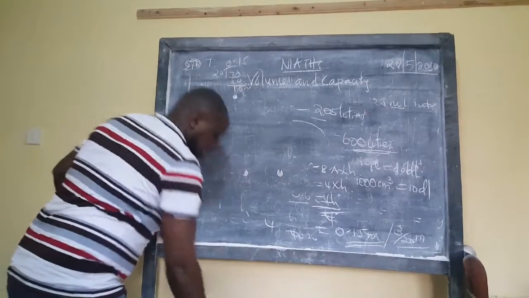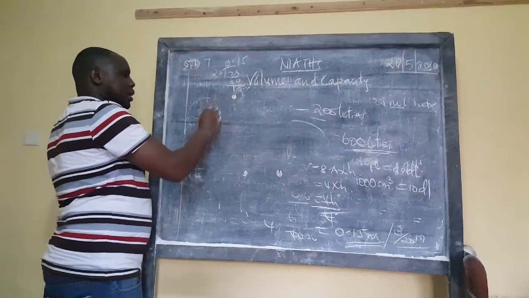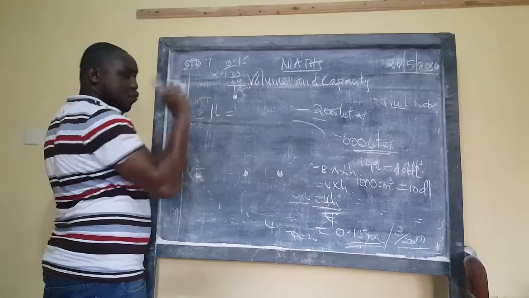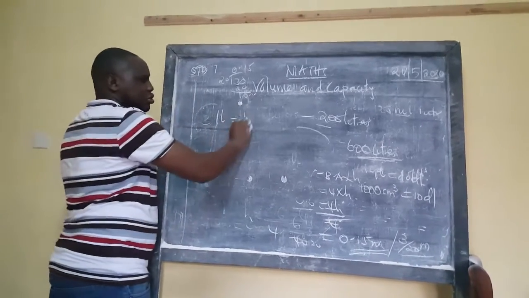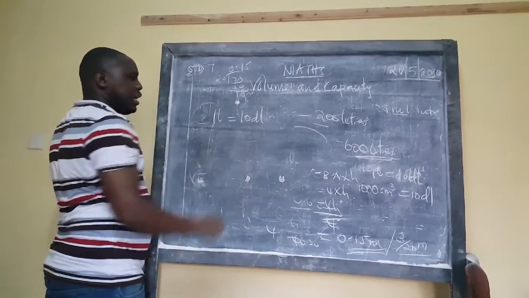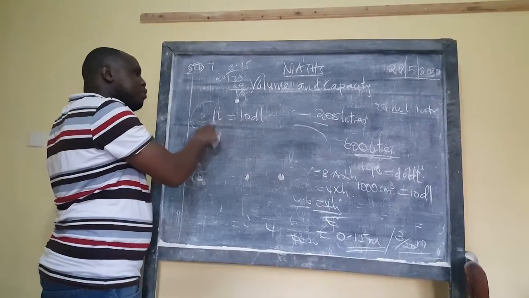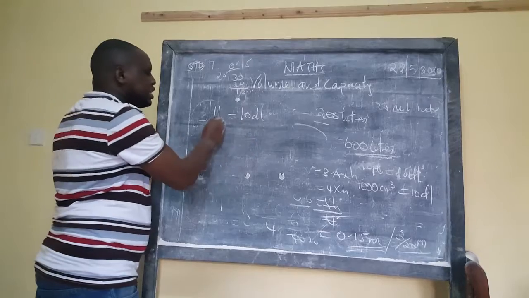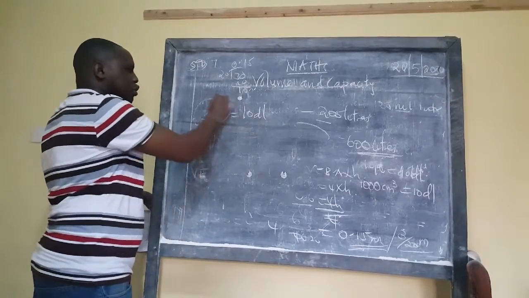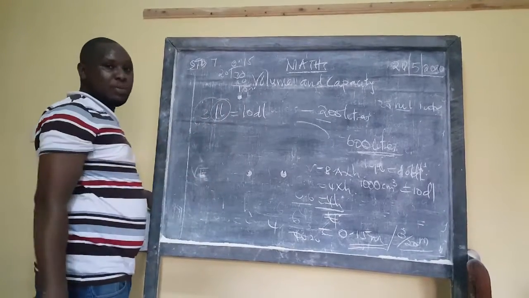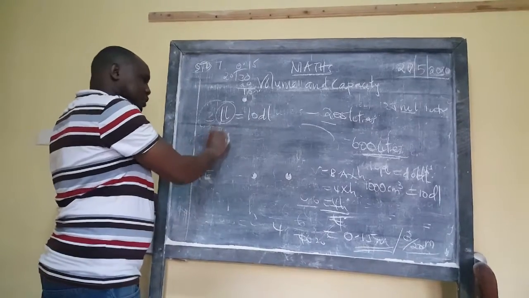Remember in class 6 you said 1 liter of any substance is equivalent to 10 dl. dl means deciliters. So for us to understand how many cubic centimeters make 1 dl, we change this capacity into cubic centimeters. 1 liter is 1,000 cubic centimeters.